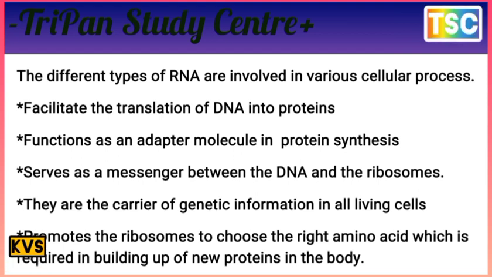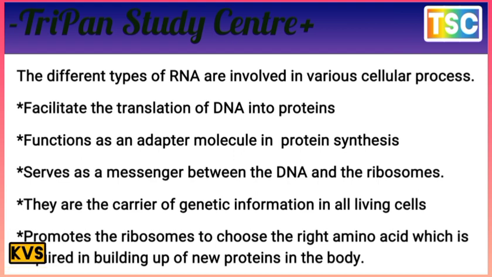It is a carrier of genetic information in all living cells and helps the ribosome choose the right amino acid which is required to build up new protein in the body.